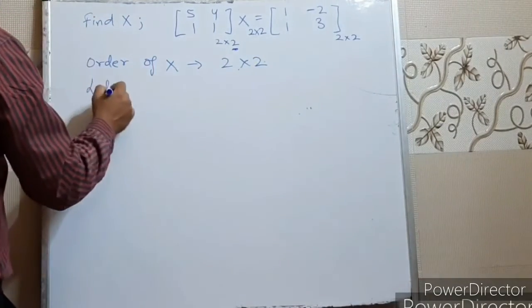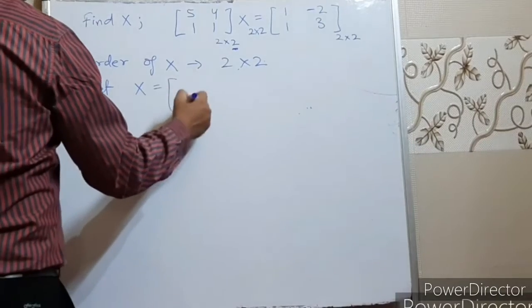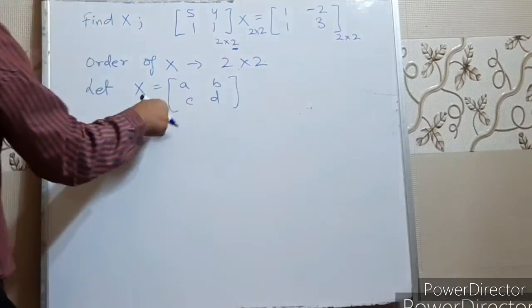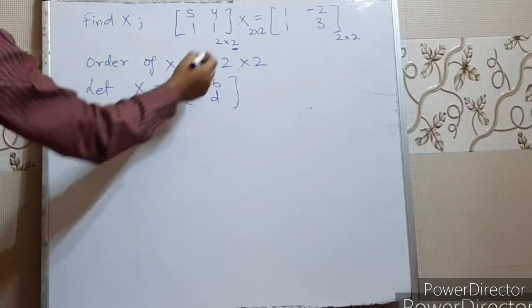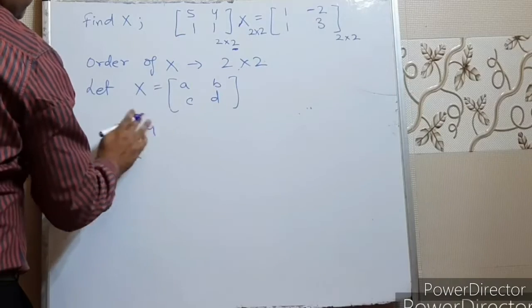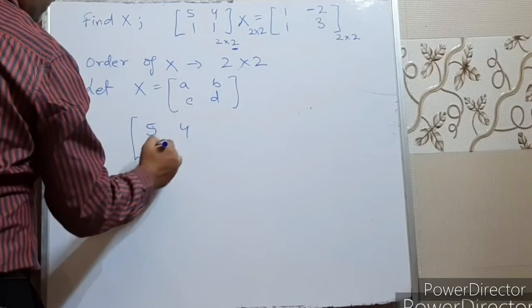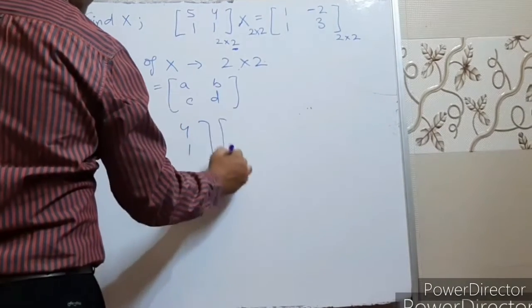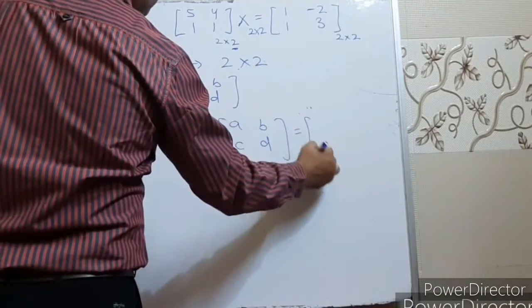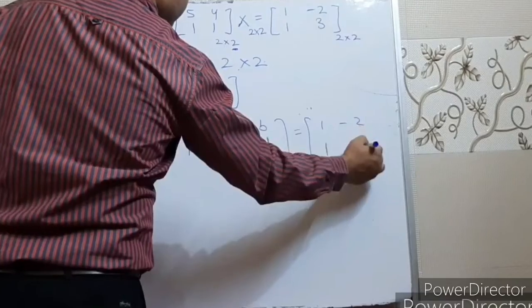So we'll assume X as the matrix [A, B; C, D]. When you put this value in the given sum, what you'll get? [5, 4; 1, 1] into [A, B; C, D] equals [1, -2; 1, 3].